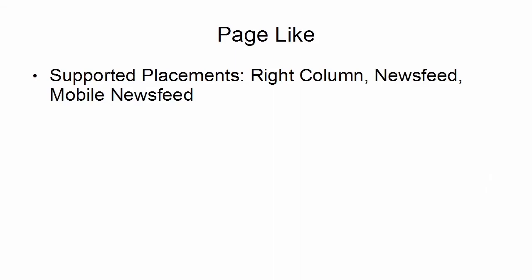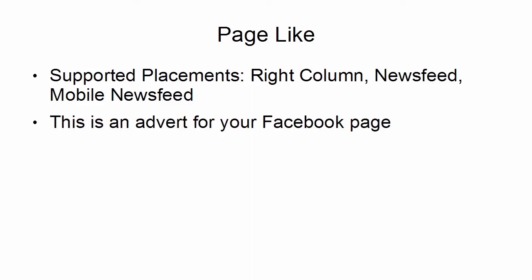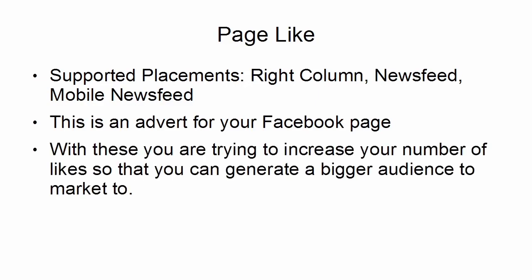Then there's page like, and the supported placements are the right column, the news feed, and the mobile news feed. This is basically an advert for your Facebook page. With these, what you're trying to do is increase the number of likes so that you can generate a bigger audience to market to.